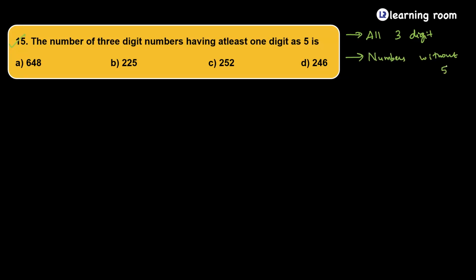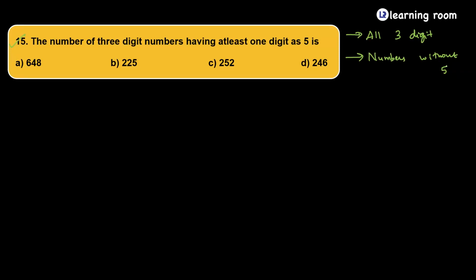That is easier than calculating directly, because at least is a dangerous term. At least means it can come once, twice or thrice. It becomes tedious for us to write multiple cases. So that is why I'm finding all possible 3-digit numbers and the numbers without 5. From this number, if you subtract this, you will get the numbers with at least 1 5.